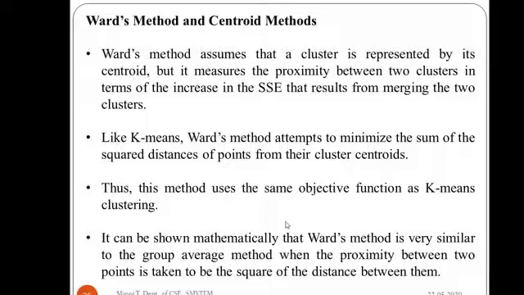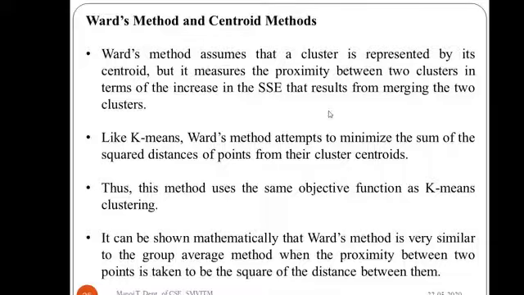The final one is the Ward's method and the centroid method. Ward's method assumes that a cluster is represented by its centroid, just as in the k-means algorithm we take the centroid as a measure for prototype-based clusters. In the same way in Ward's method, a cluster is represented by its centroid, but it measures the proximity between two clusters in terms of the increase in the SSE, that is the sum of squared error, that results from merging the two clusters.